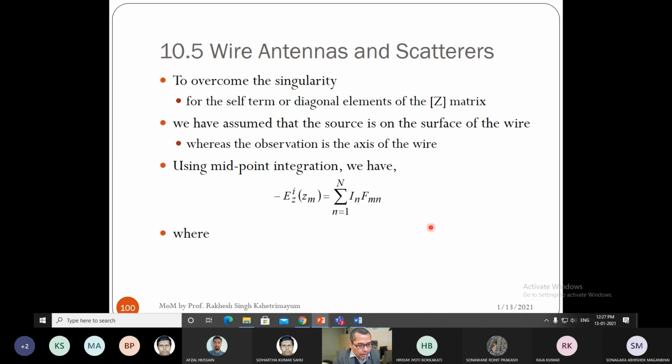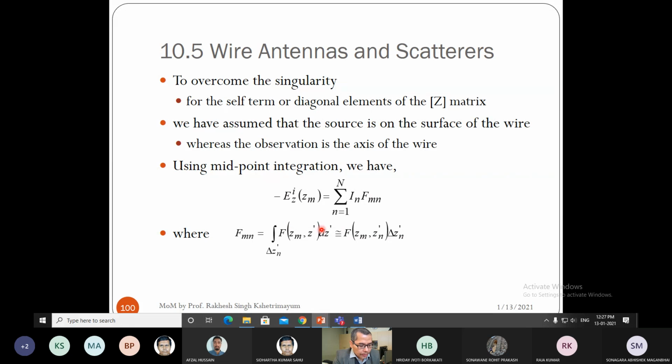So finally you can write the equation like this: left hand side, right hand side. This whole integration term I will just denote by F_mn. And what was our testing function? The testing function was a delta function, so I can simplify this expression and write it using the centroidal approximation.